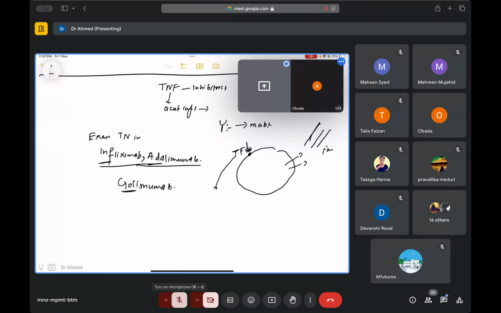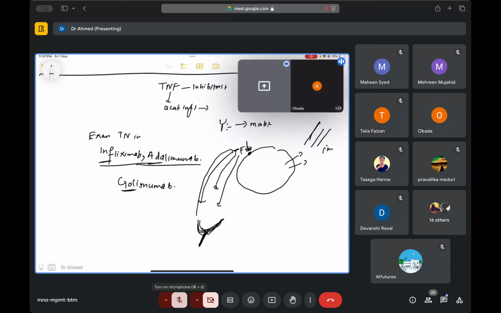The second approach is to divert the TNF: give them receptors that are roaming around in your blood. So all of these TNF are going to bind to that receptor, and again you are decreasing the downstream effect of TNF.